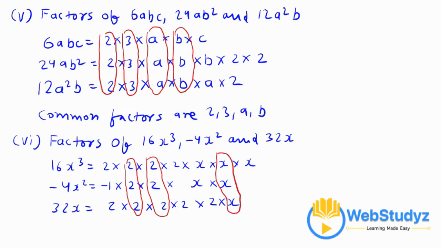So let's write it down. The common factors are 2, 2, x. Now move on to the seventh one.